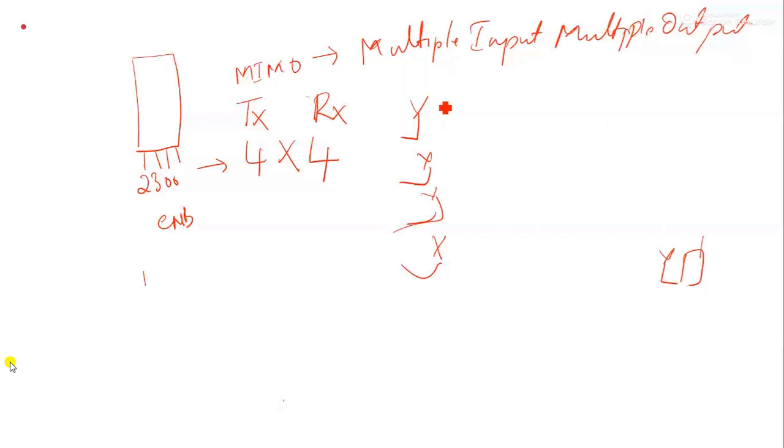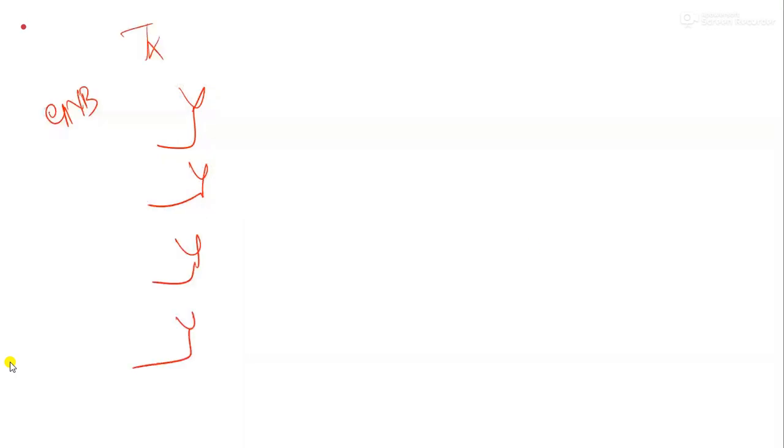Hope you are getting this point. So now, if we have unequal antennas between TX and RX, the solution is, I'll just erase this and come to it again. So here we have typically 4 antennas at the transmitter end, let's say E node B, and we have a mobile which has only a single antenna.